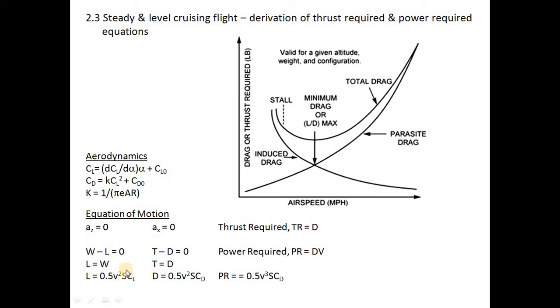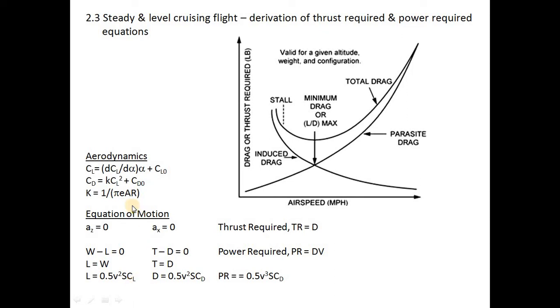So the weight is constant. As we increase the velocity v squared, and weight is constant, CL is definitely going to decrease.